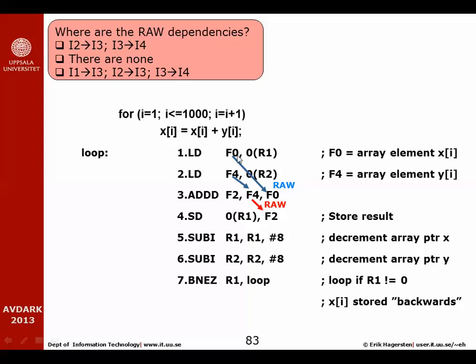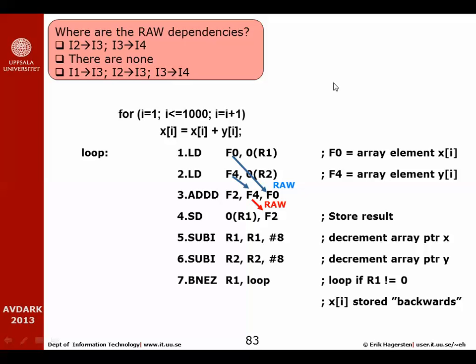The first 2 instructions, the 2 loads, both have read after write dependencies pointing down to instruction number 3, the add, but to different registers. So there is a read after write dependence between I1 and I3, I2 and I3. Also, we have the same dependency between the add and the store as before. So we also have the dependence between I3 and I4.